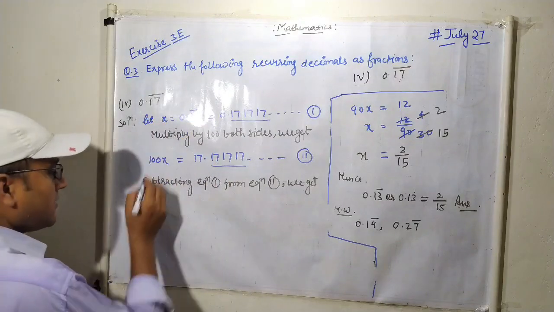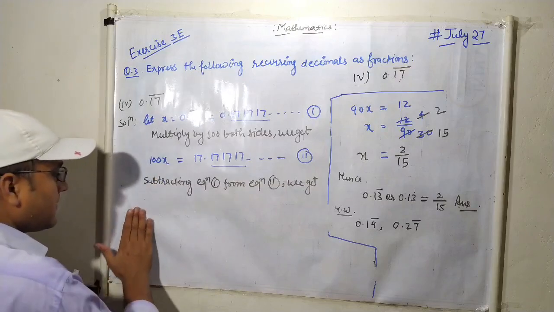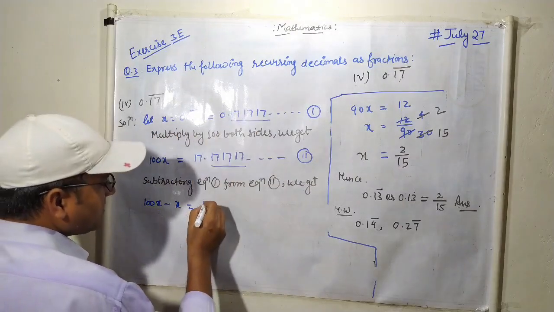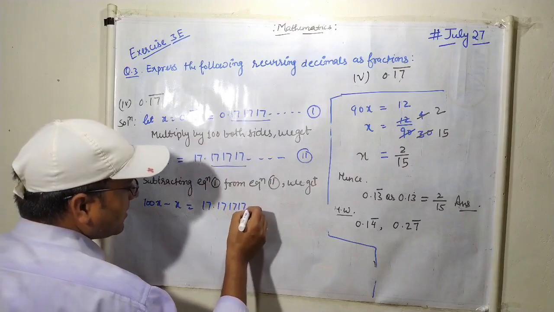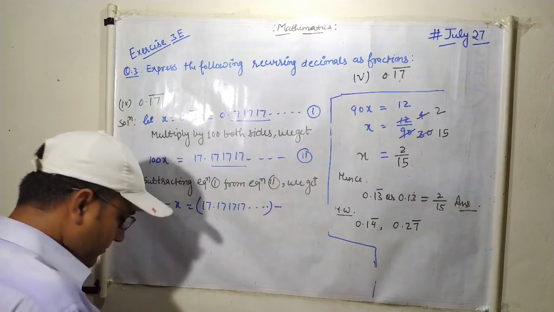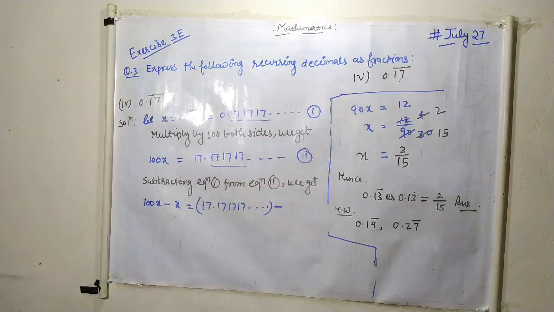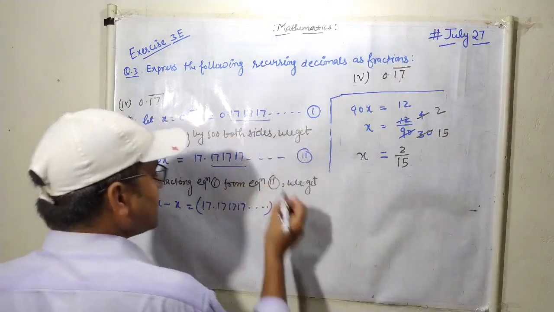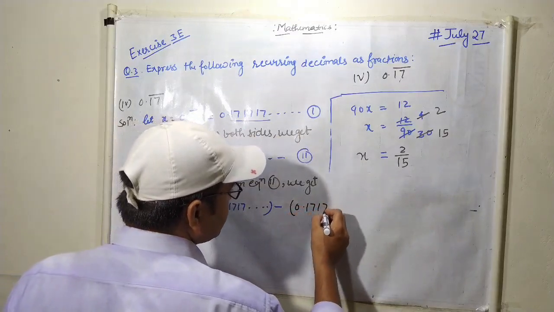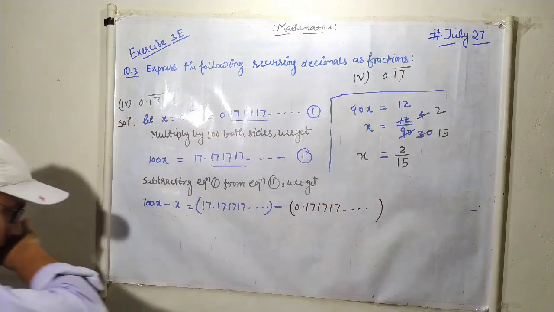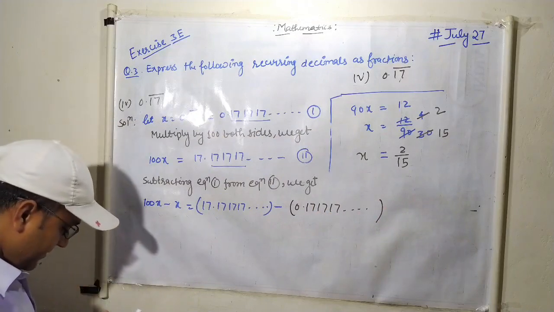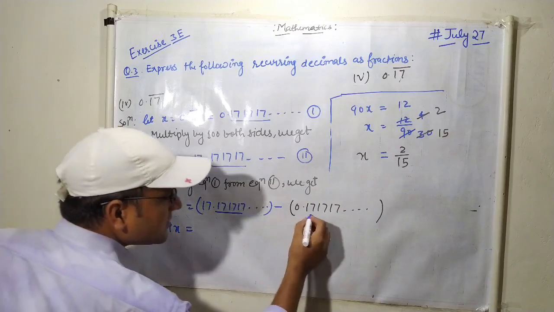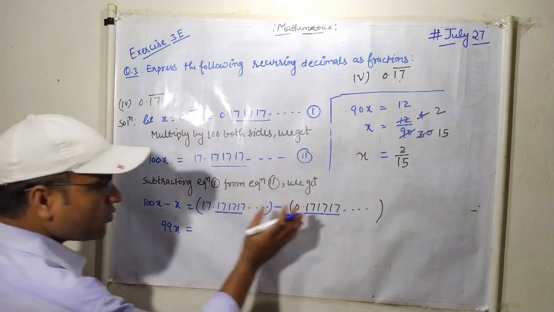So see this one, 100x minus x is equal to, if you subtract, 17.171717 and so on, minus 0.171717, sorry, 100x minus x, what will you get, students? 99x is equal to, if you are subtracting, after the decimal points it is equal, so you will get 0.